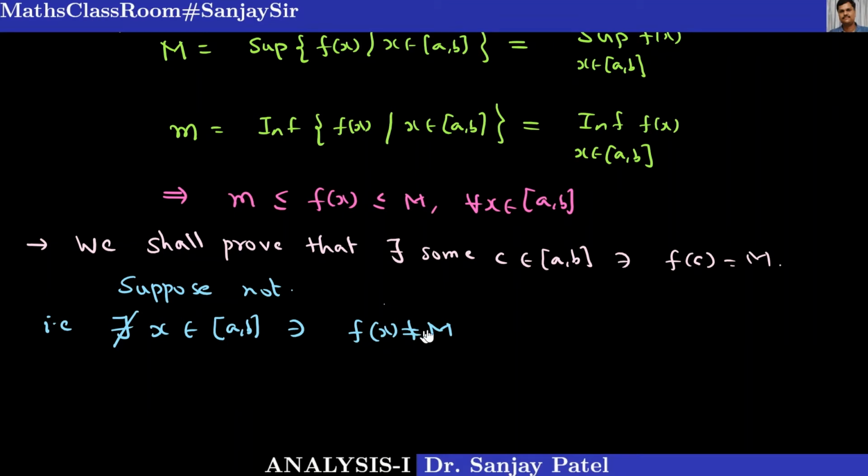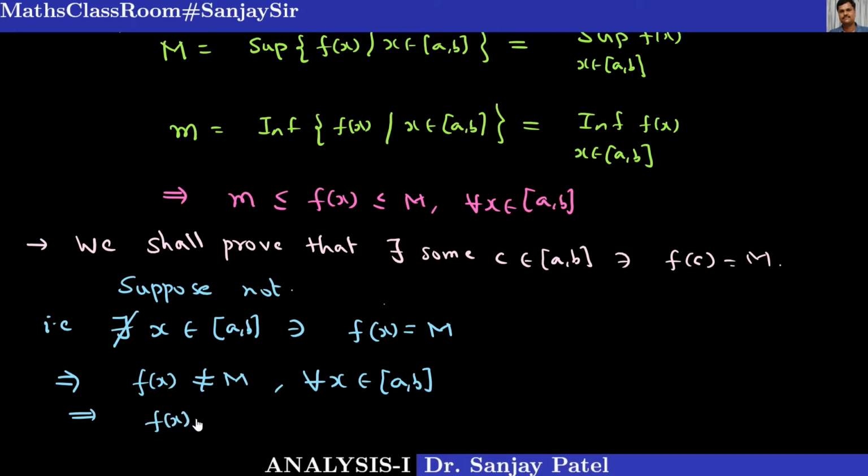That is, this implies f of x cannot be equal to M for any x, means whatever x you choose, for every x in closed interval AB, f of x is not going to be equal to M.